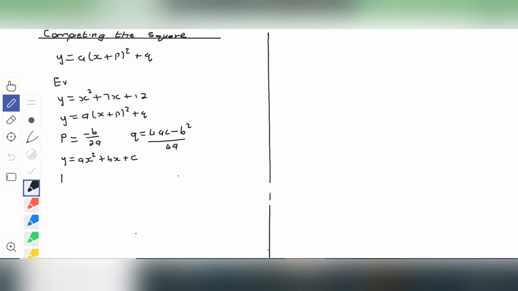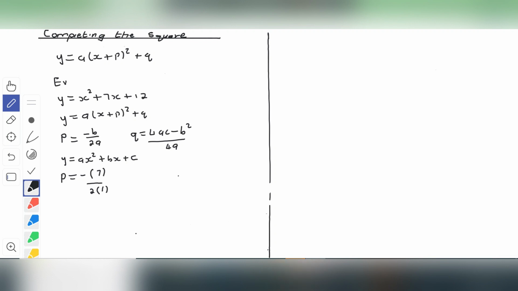So we are going to calculate p and q now. For calculating p, it's going to be minus b, which is the coefficient of x, which is 7, all over 2 into a. a is the coefficient of x squared, which here is 1.